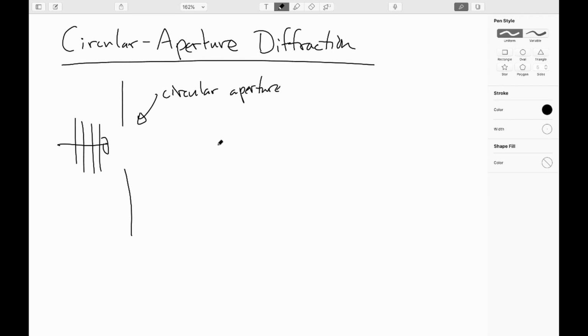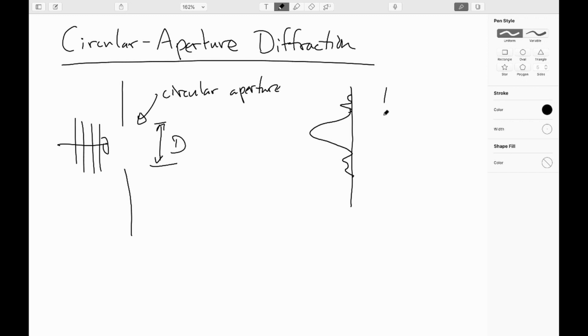That we are looking at in cross section, and we will say that the diameter of it is d. If I project out onto a screen, it'll still be the case that we will end up having some sort of a central maximum with successive minima.